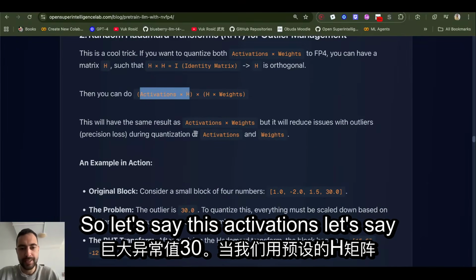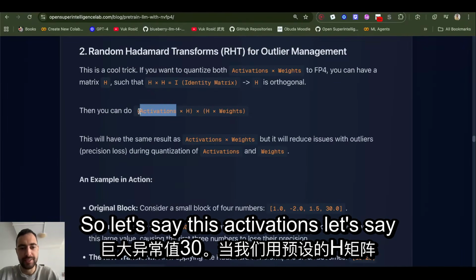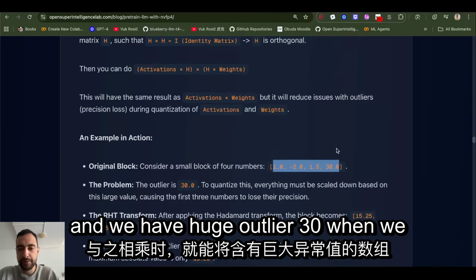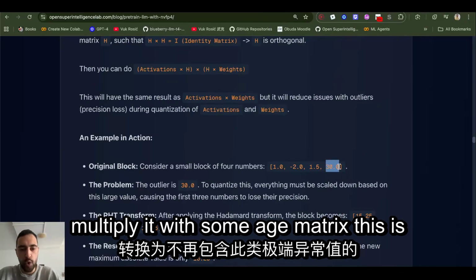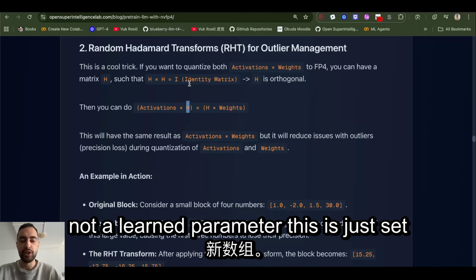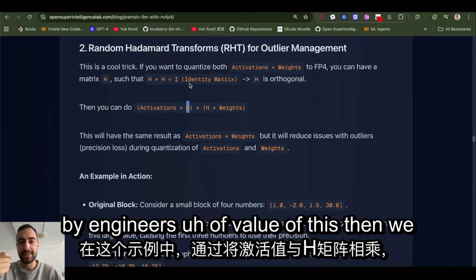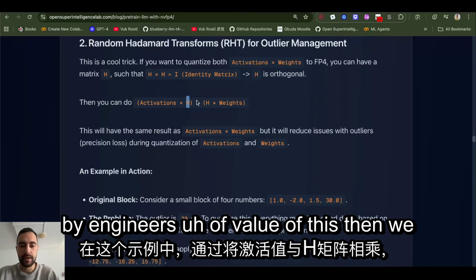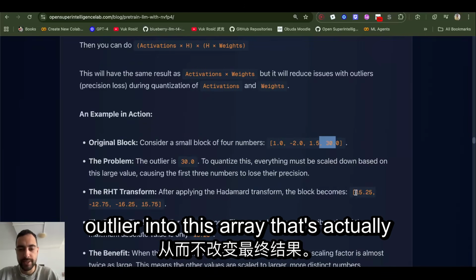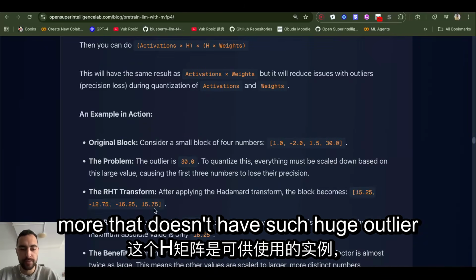So let's say these activations are like this array, a very small array, and we have a huge outlier, 30. When we multiply it with some H matrix, this is not a learned parameter, this is just set by engineers, then we can transform this array with a huge outlier into this array that doesn't have such a huge outlier anymore.